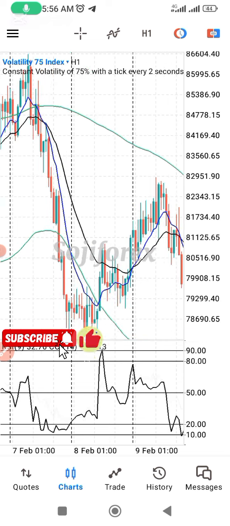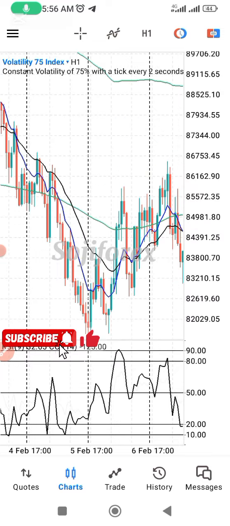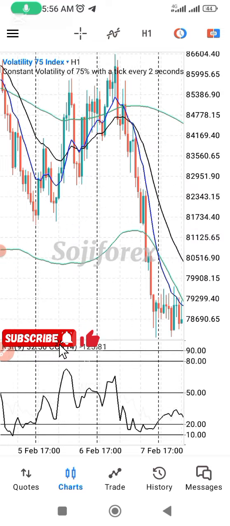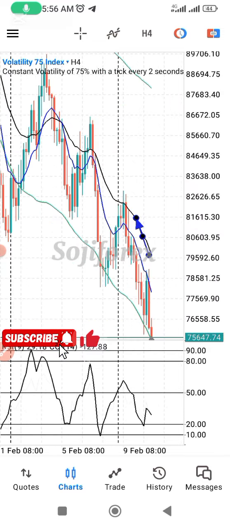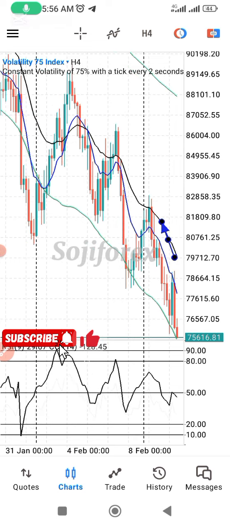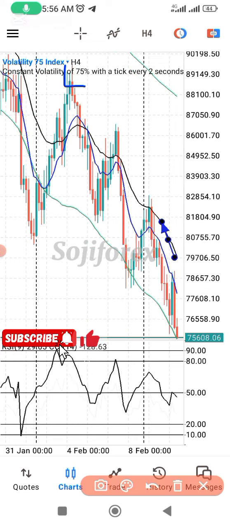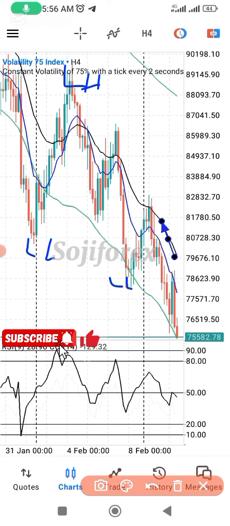You can use your structural point if you are good at that. You can use your higher high or higher low to determine your trend direction. Just as in this case, a lower high, this is a lower low, this is a lower high, right? Here is another lower low, here is a lower high, here is a lower low.